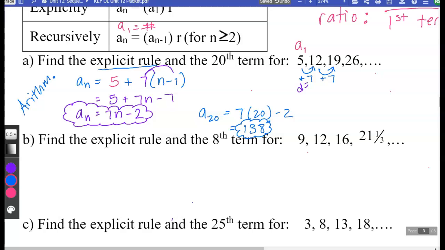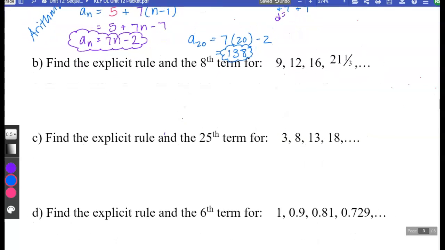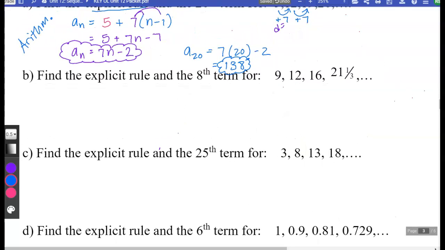Okay, so let's try it again. What pattern do you recognize in the second sequence? This one's a little bit harder.